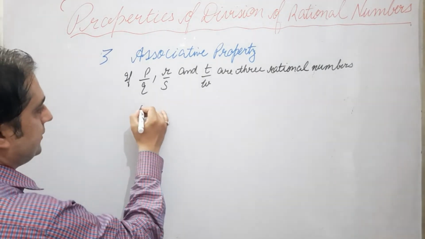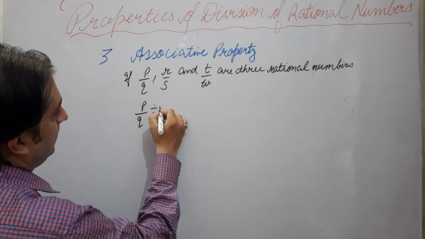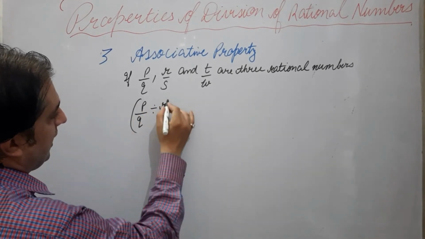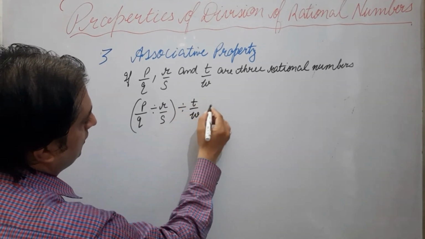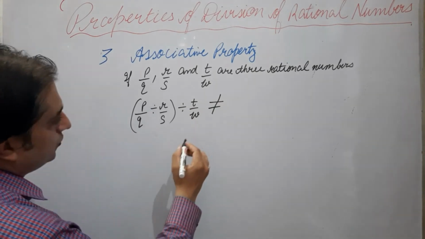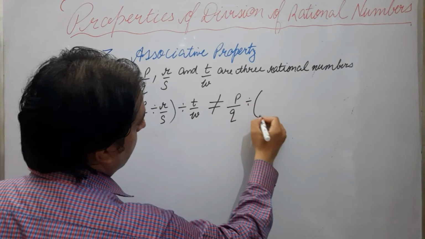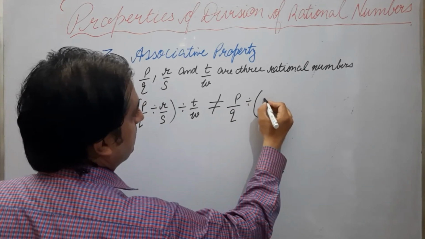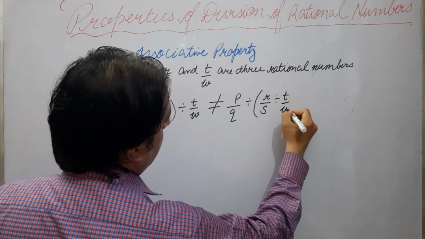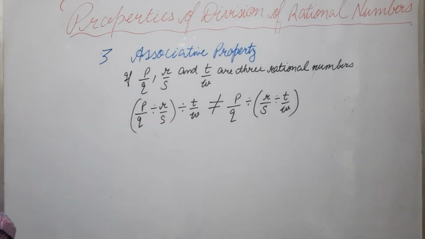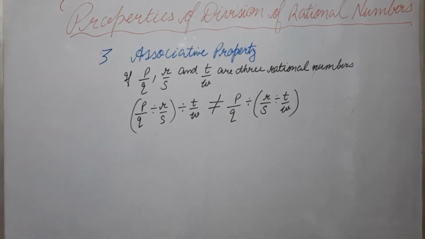So in order to divide P by Q with R by S, the second rational number, and the result of these two is again divided by T upon W, that is not equal to P by Q divided by the division of the last two rational numbers, that is R by S divided by T by W. In both the cases, in this order and in this order, you will not get the same answer.